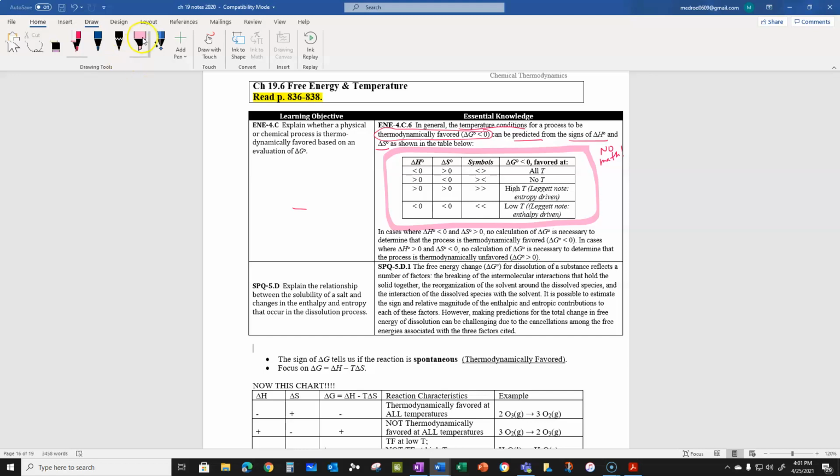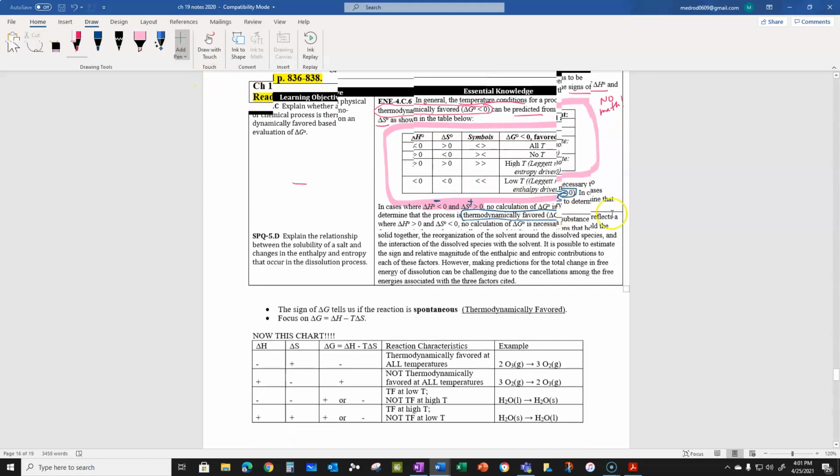In cases where the delta H is negative and the delta S is positive, okay, so they're obviously in opposite signs, so negative versus positive, no calculation of delta G is necessary to determine that the process is thermodynamically favored, because when H and G are the same sign, because right here it would also be negative, when H and G are the same sign, they will be thermodynamically favored.